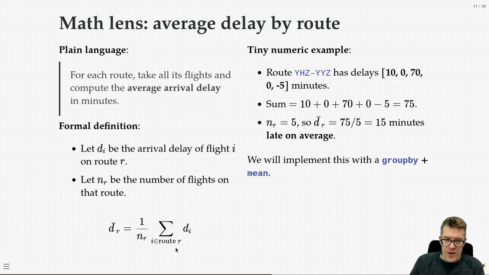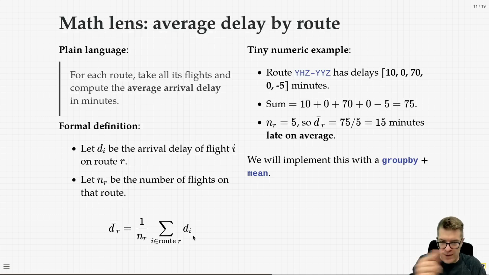Super easy. Down here, say the route is from Halifax to Montreal. For i being an element of that set, that is to say, for all flights on this route from Halifax to Montreal, we have a delay for that flight.